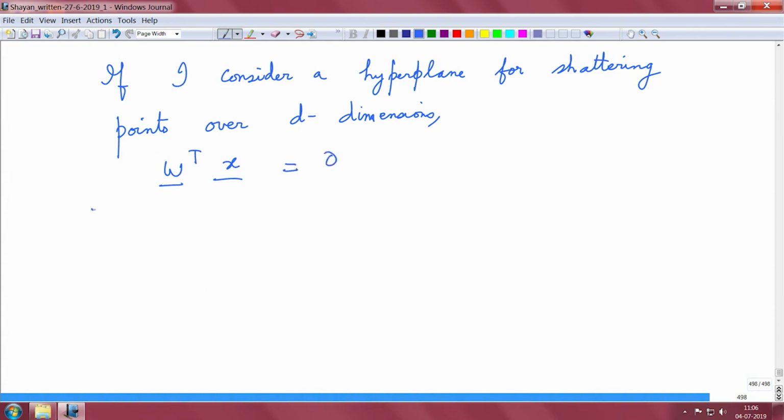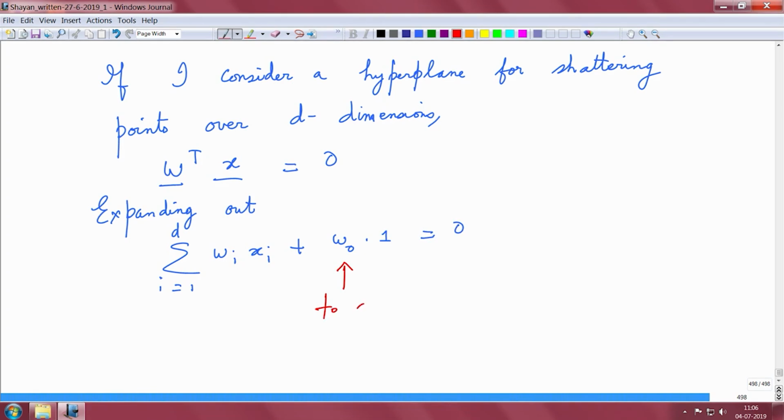So, if I expand out, I have summation i equals 1 to d W_i x_i plus W_0 times 1 equals 0, and this is to accommodate bias.